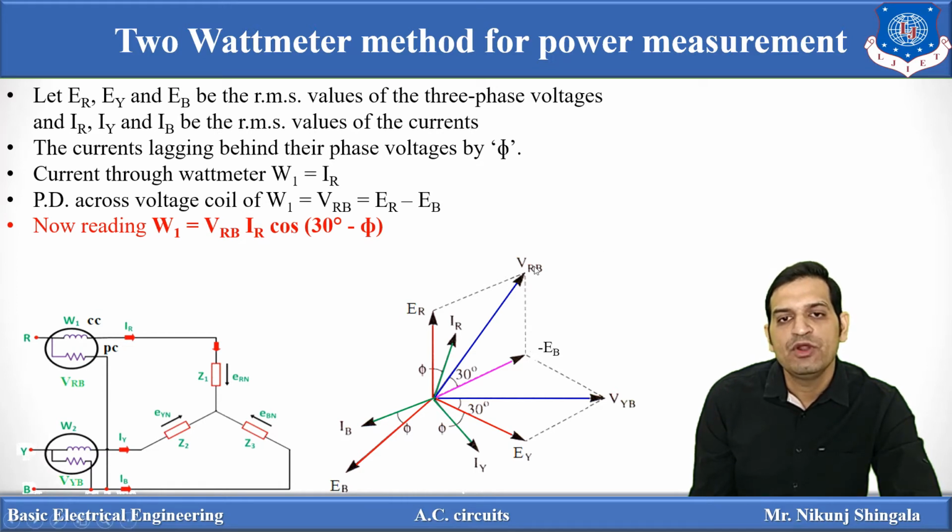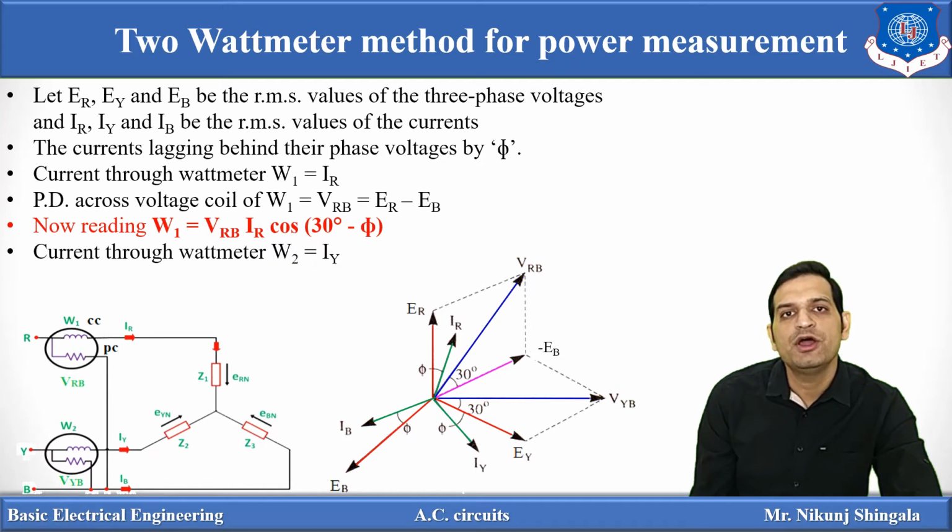Here, the angle between ER and VRB is 30 degrees, and the angle between ER and IR is phi. So the angle between VRB and IR will be 30 minus phi. So the reading of W1 will be VRB into IR into cos(30 minus phi). We found this from the phasor diagram.